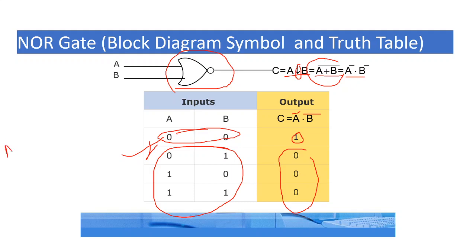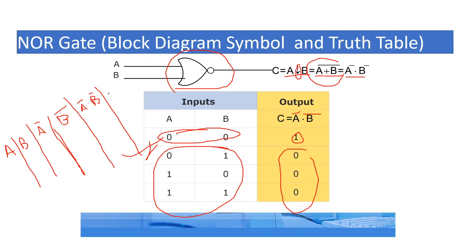Suppose we have A here, then B, then A bar here, then we have B bar, then next column is A dot B, A bar dot B bar, next column is A plus B whole bar.